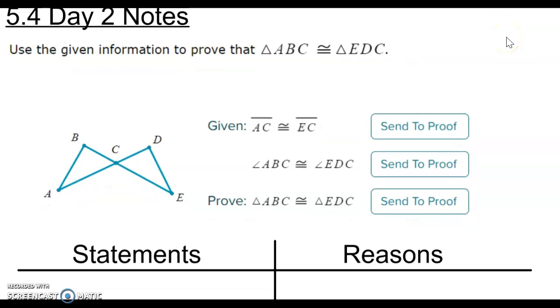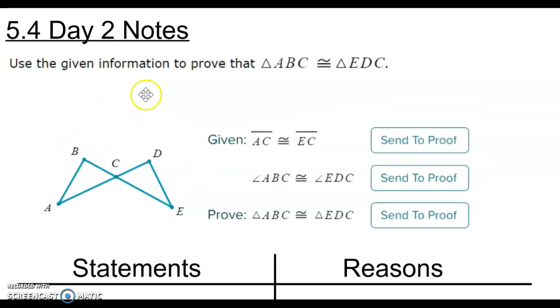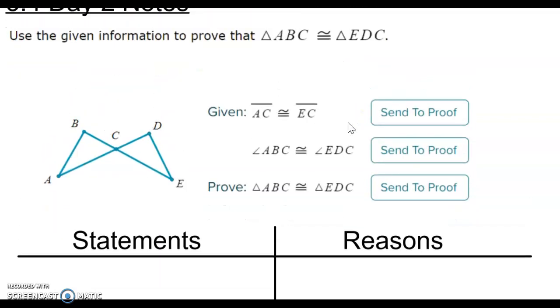So starting out with this first one, remember, especially on these ones from yesterday's work, you're definitely going to want to redraw those with some scratch paper so you can see those triangles kind of torn apart and separated from being overlapped. So starting off here, our goal is to prove triangle ABC congruent to triangle EDC.